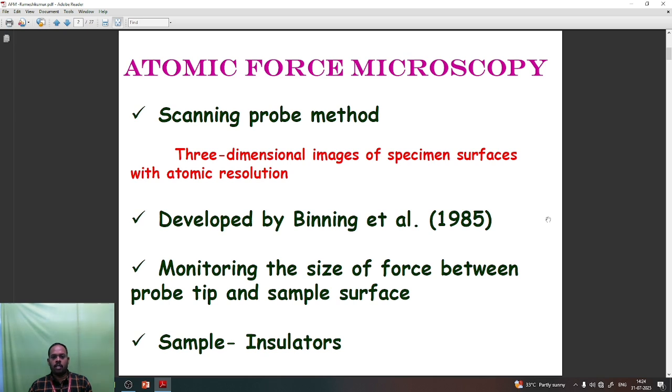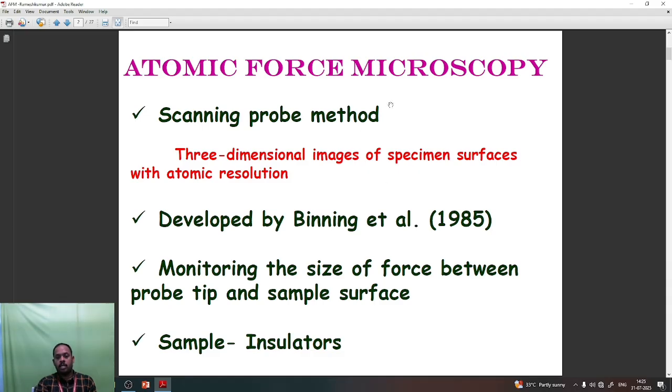So here atomic force microscopy is categorized under scanning probe method, where 3-dimensional images of specimen sample surfaces with atomic resolution will be acquired based on rastering the sample surface, or scanning the sample surface, using specially designed probes.